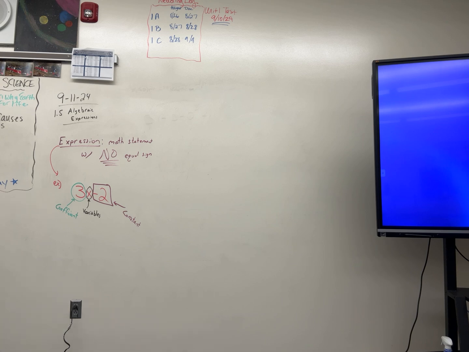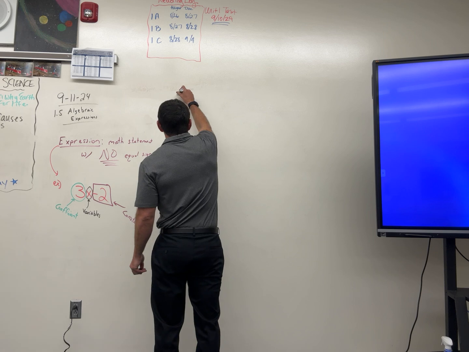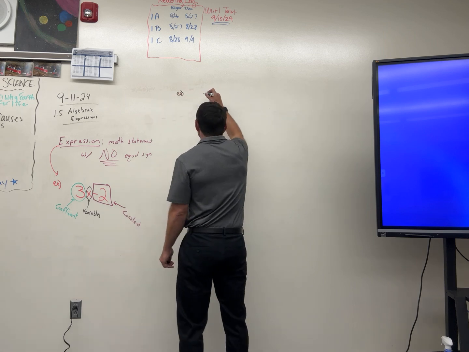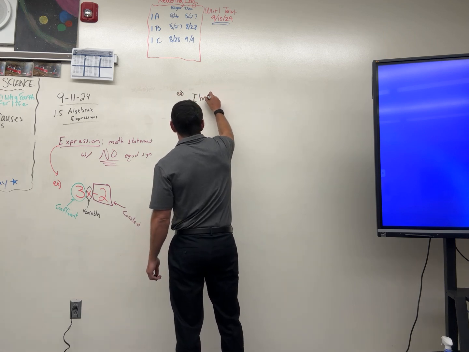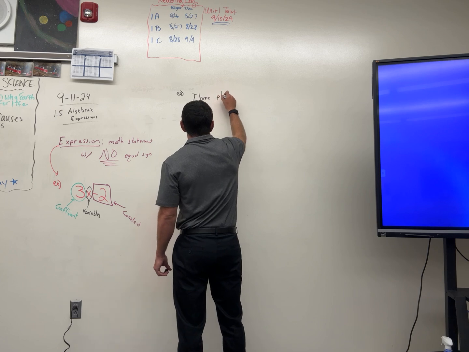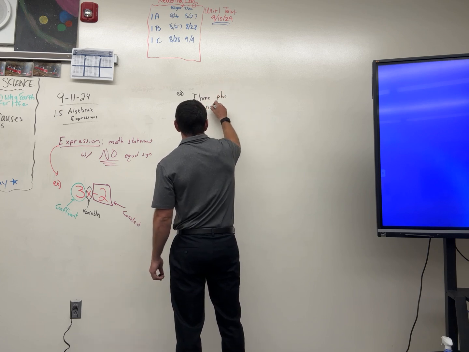So, what are we going to do with this? Well, with that sheet, we are going to turn things from numbers to words and words to numbers. Algebraic to numeric, numeric to algebraic. So here's the first thing. Let's start off nice and easy. So here's an example. 3 plus a number.